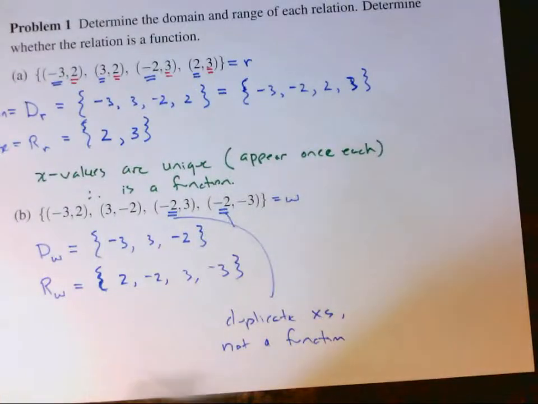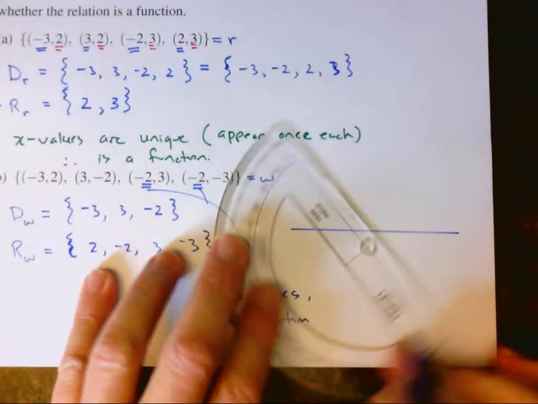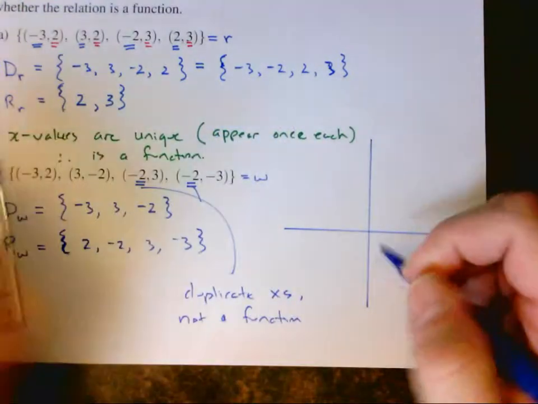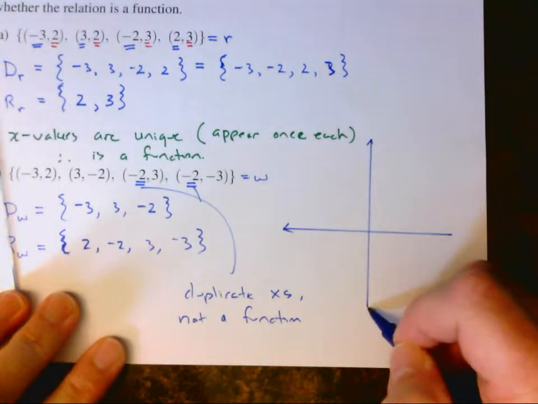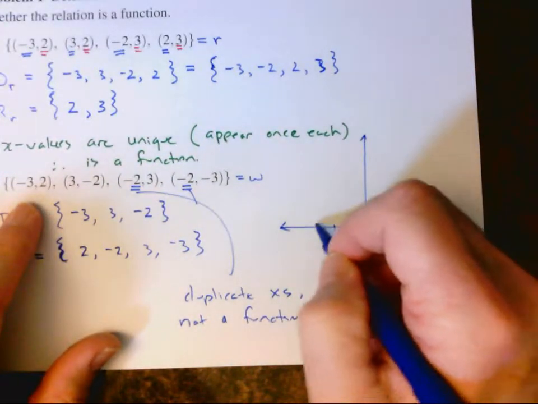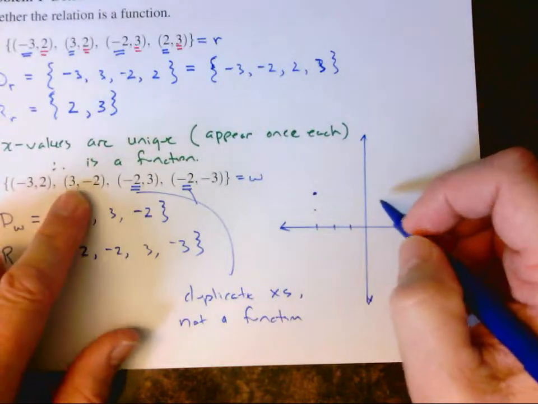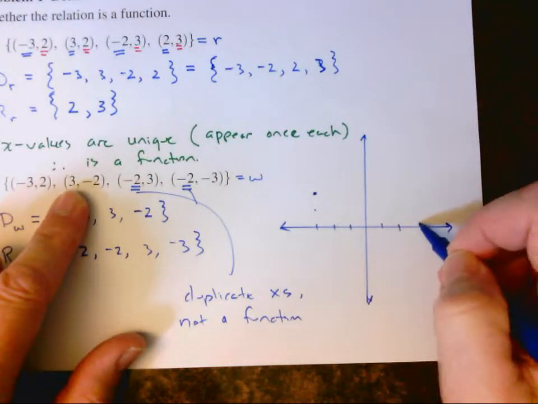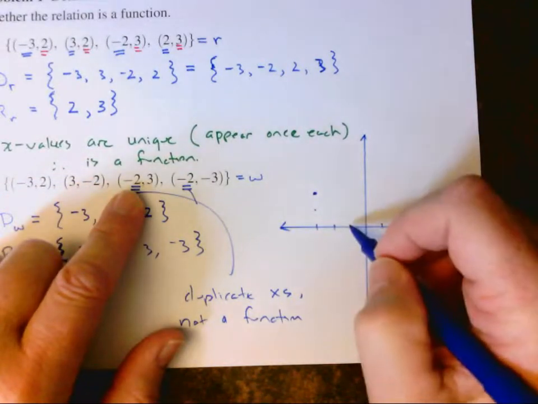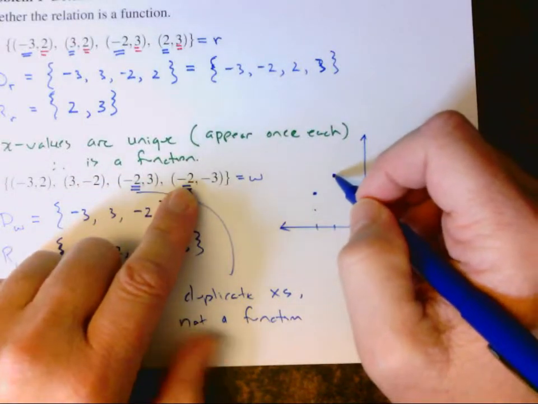And that's because if we graph this relation, you'll see us failing the vertical line test in just a few seconds. One, 2, -3, 2. 3, -2. -2, 3. -2, -3.